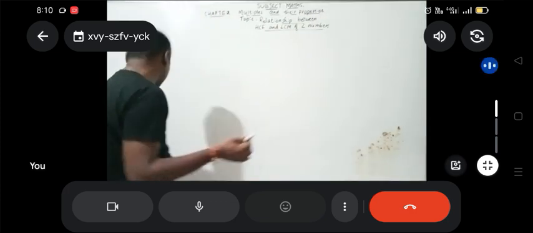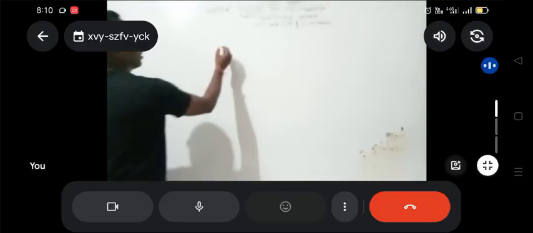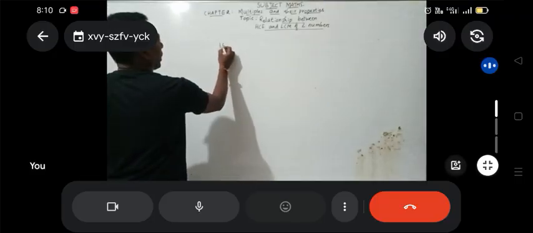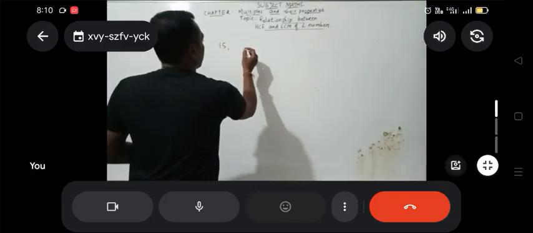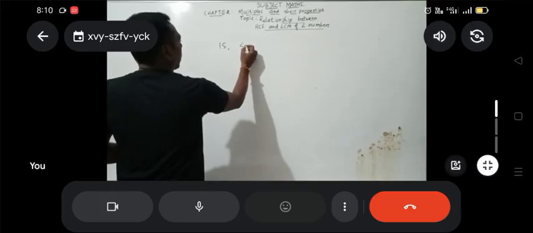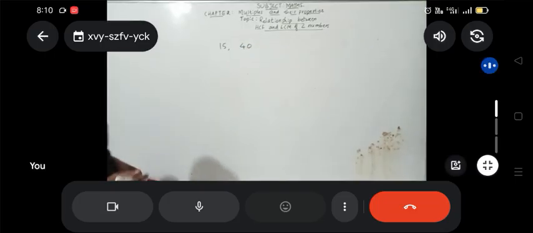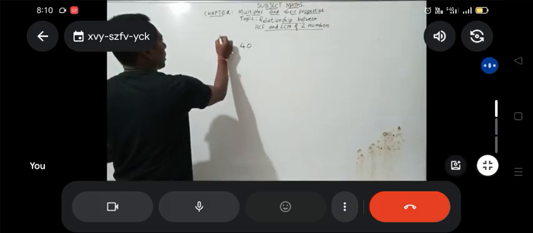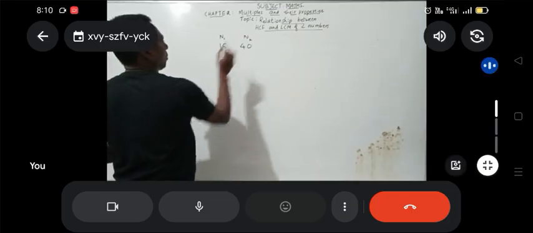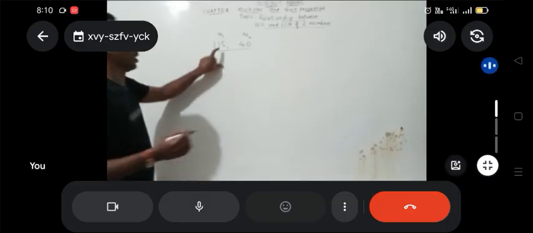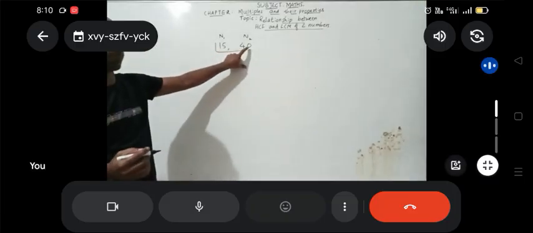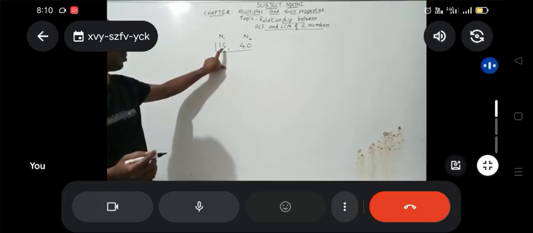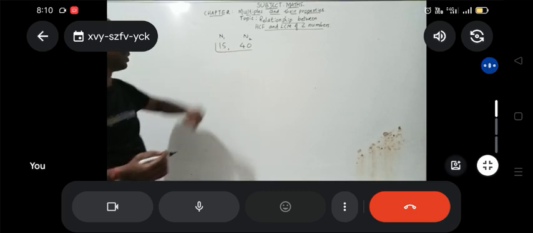Let me take another two numbers, 15 and 40. Let us divide these numbers. This is number 1, this is number 2. 40 is divisible by 2, but 15 is not divisible by 2. 15 is divisible by 3, but 40 is not divisible by 3.